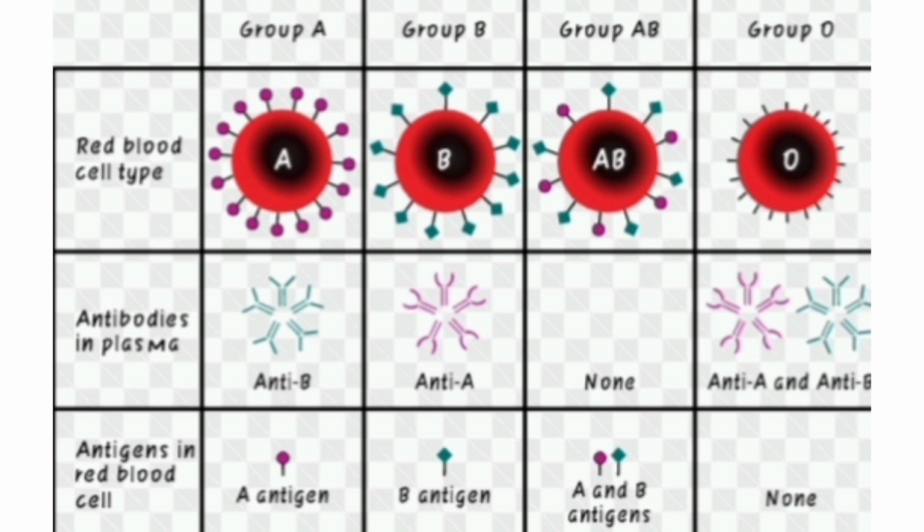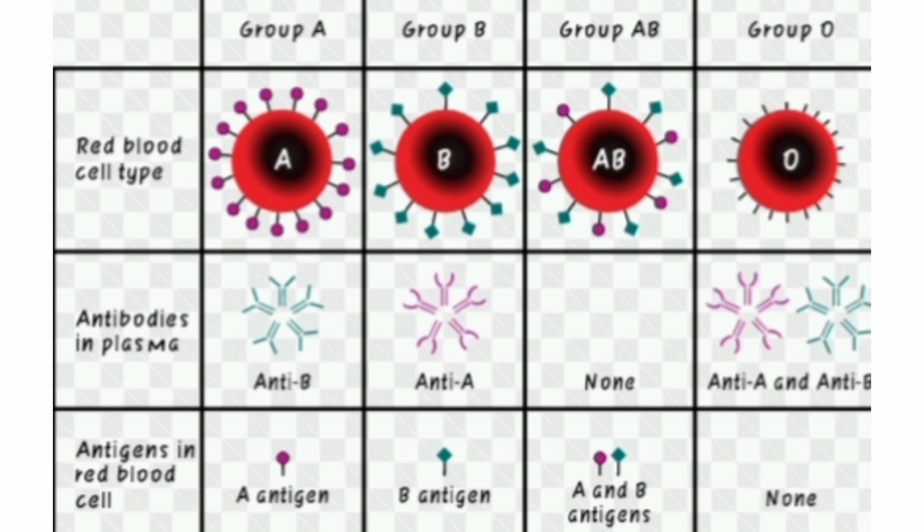Now I am explaining the table. Observe carefully. Human blood is divided into 4 groups: A, B, AB and O. We have given this grouping based on the antibodies and antigens present in blood. Antigens and antibodies are present in our blood.